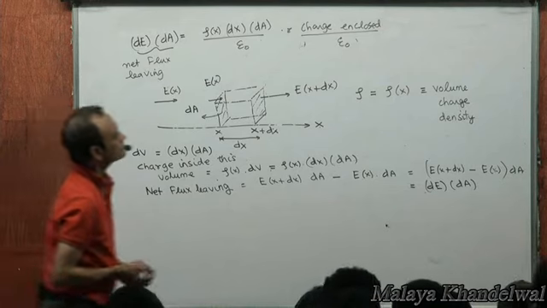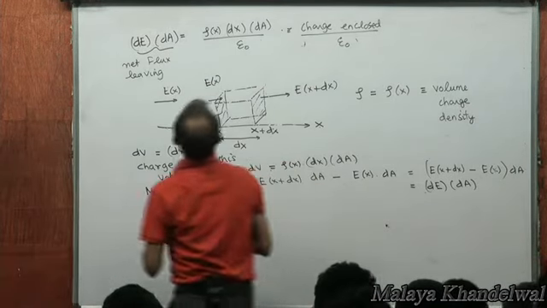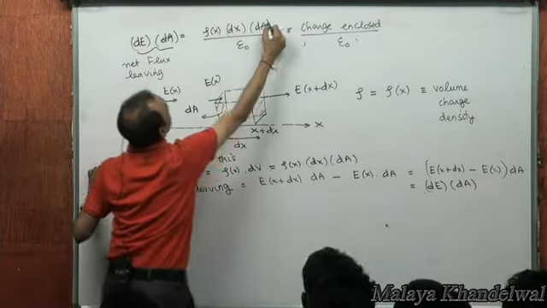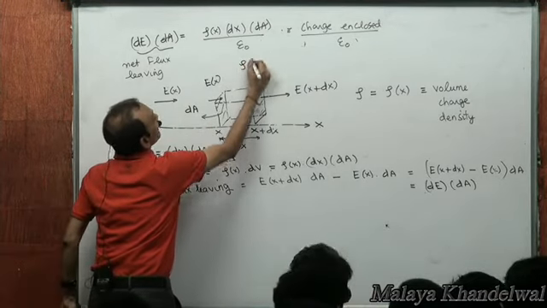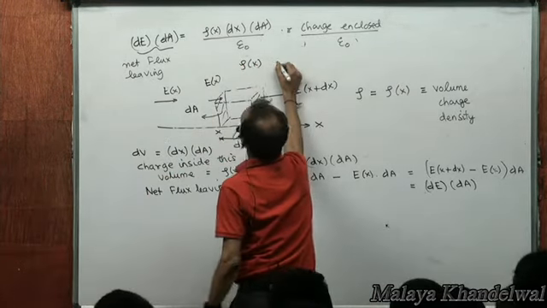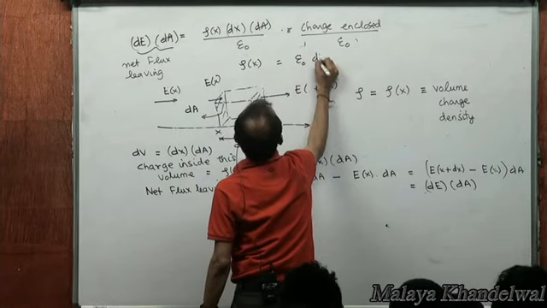So you can cancel dA, and rho at x therefore would be epsilon naught dE by dx.